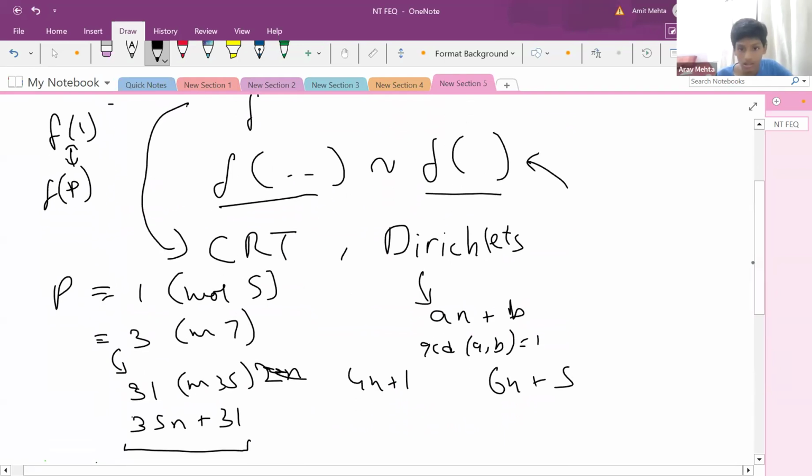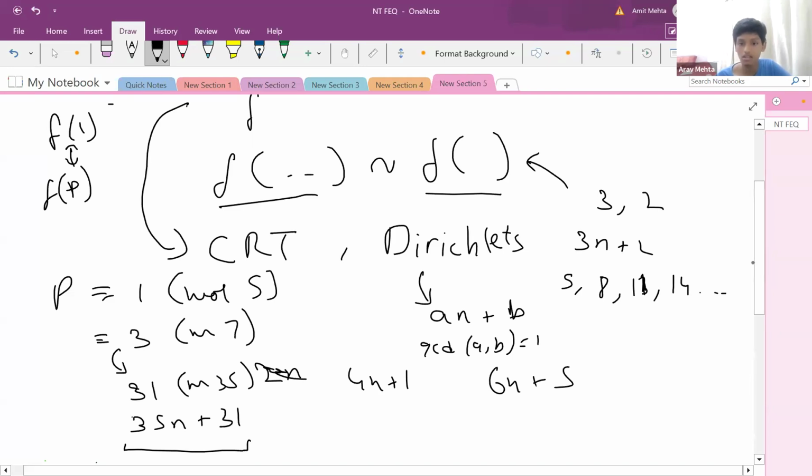So basically, Dirichlet's theorem is that if you have any coprime numbers a, b, then you can find an arithmetic sequence an plus b. For example, if a and b are 3 and 2 respectively, then we have the arithmetic sequence 3n plus 2, which is 5, then 8, then 11, then 14, and so on.